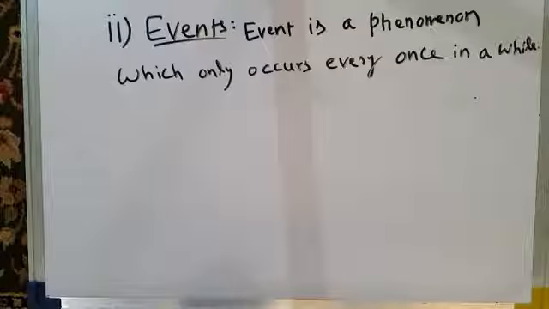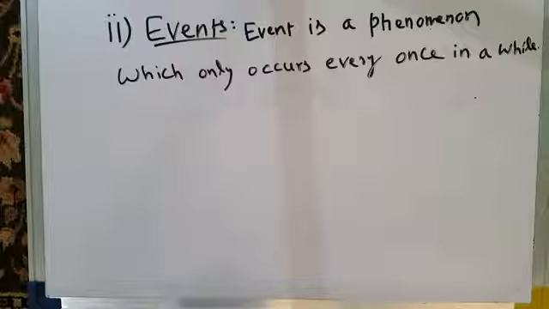There may be an interruption of the supply now, and the next interruption, we don't know when it occurs. It may occur tomorrow, after 15 days, after 1 month, or after 2 months. So the best example of an event is this interruption. There are other examples of events we will discuss in due course of time.